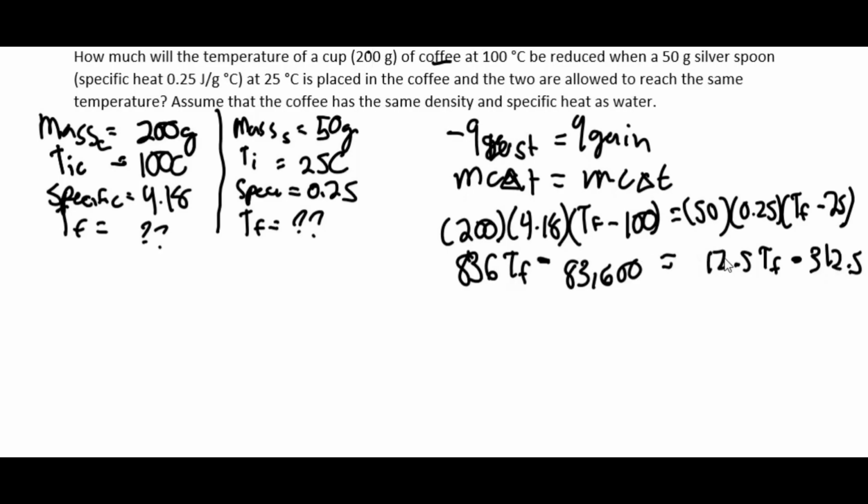So let's move all the TF to the left side, and then let's move the non-variables to the right side. So 836 TF plus 112.5, so 83,600 minus 312.5. So let's answer it.